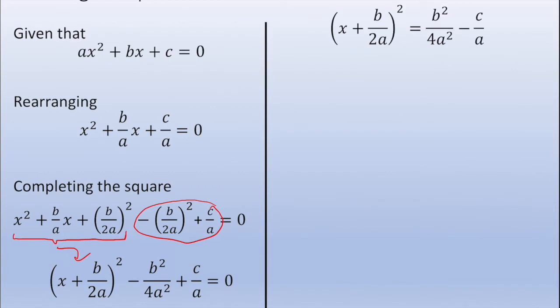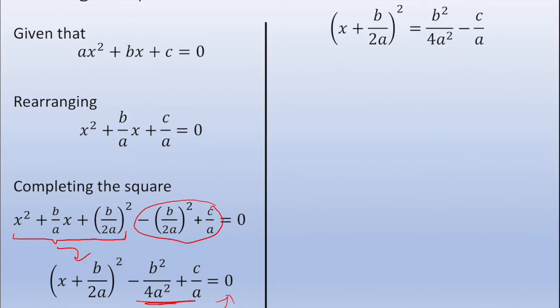Alright, next step. Moving this to the right hand side by taking away all this. Add one of these and take away c over a. Therefore, we have this new equation, or actually not new equation, it's just an equivalent equation.